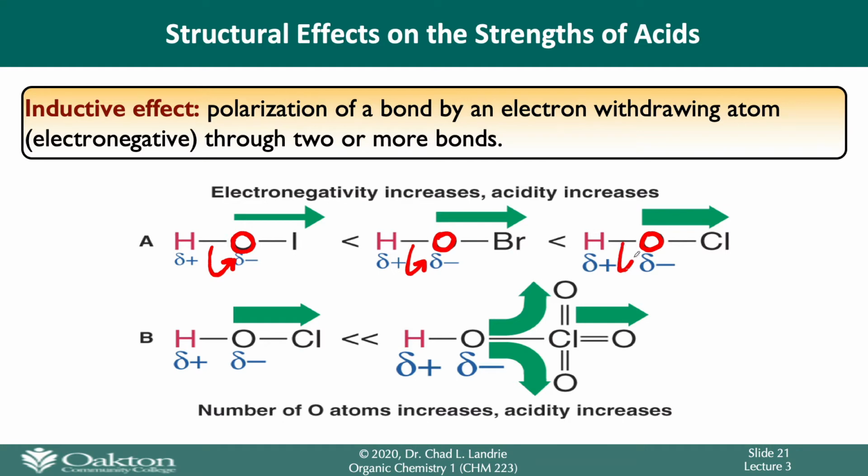Clearly, the electronegativity of all three of those oxygen atoms is the same, if we were to look that up in a table. But the point here is the electronegativity of distant atoms can also have an impact on the stability of the conjugate base. Between iodine, bromine, and chlorine, chlorine is the most electronegative. It pulls electrons towards itself the most.